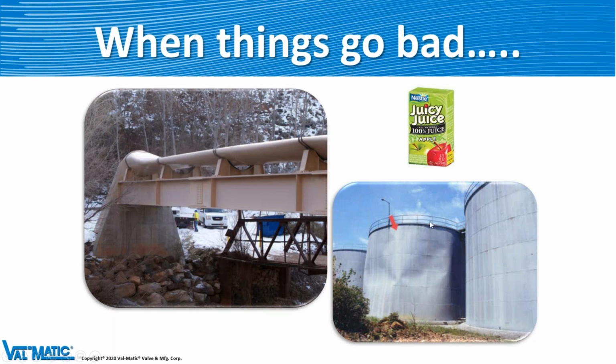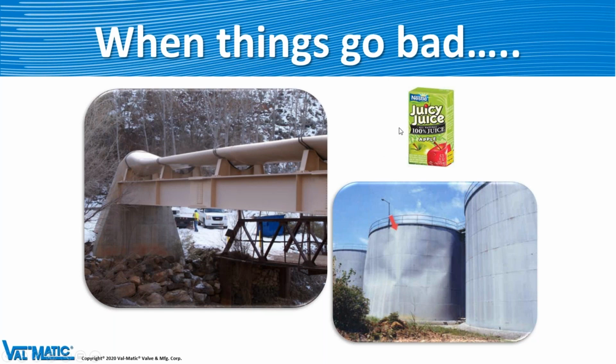Another thing that we have to think about is storage tanks. If you got a storage tank and you start draining it, okay, you have to allow air to come back in or it starts to collapse on you. Now, for those of you that have kids or grandkids or nieces and nephews or whatever, you've probably seen them with these juice boxes, and they got the straw in there and they're sipping on the juice.